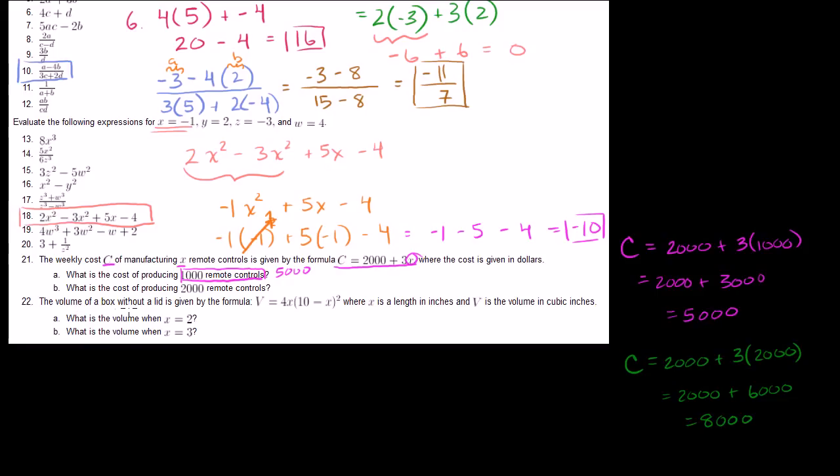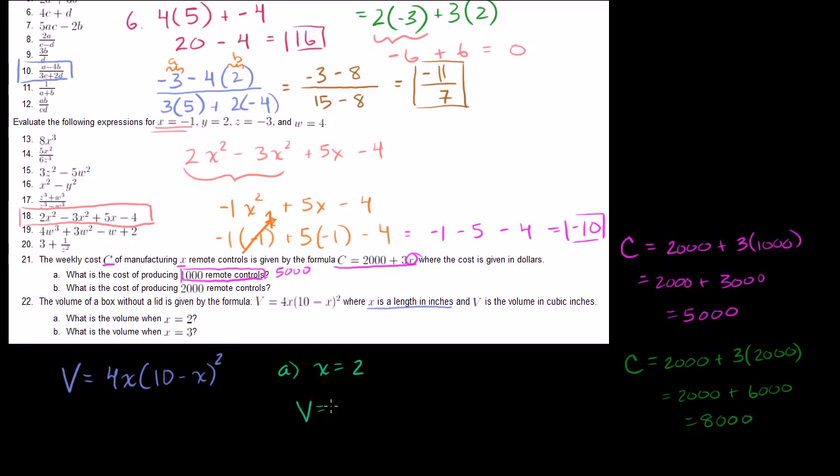The volume of a box without a lid is given by the formula volume is equal to 4x times 10 minus x squared, where x is a length in inches and V is the volume in cubic inches. What is the volume when x is equal to 2? So part A, x is equal to 2. We just substitute 2 wherever we see an x here.